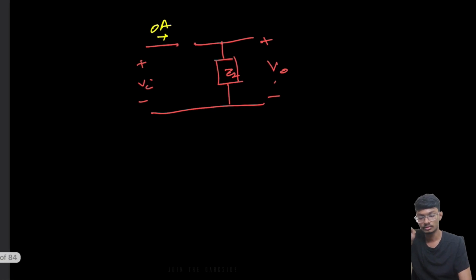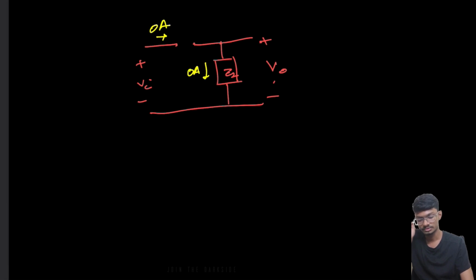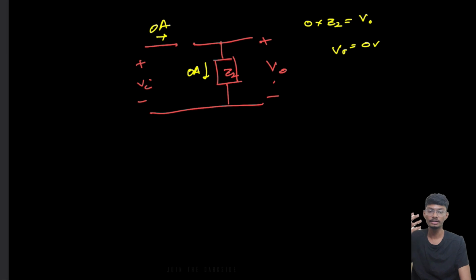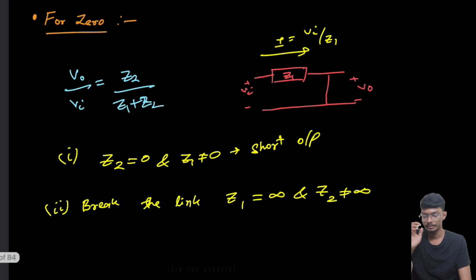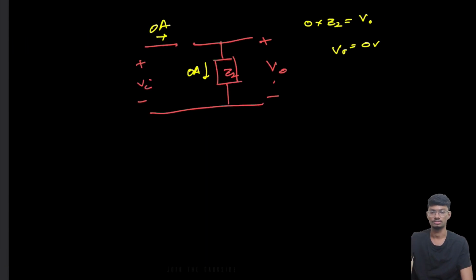Now this Z2 is finite, so this is 0 amps of current, so 0 times Z2 equals VO, which equals 0 volts. So we are getting a 0. If Z2 would have been infinite, then there would have been an issue. We wouldn't be able to tell what the value of VO is. Okay, so I hope I have made these two things clear for zeros.